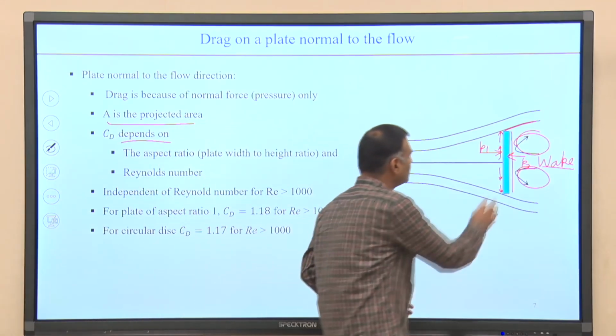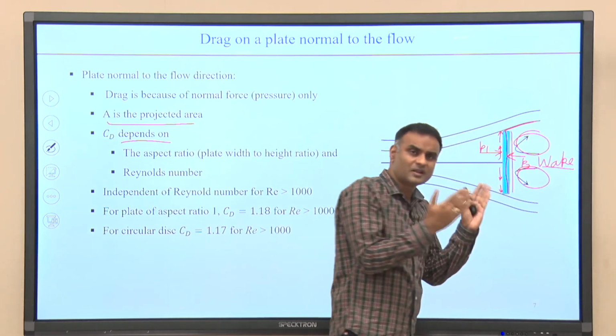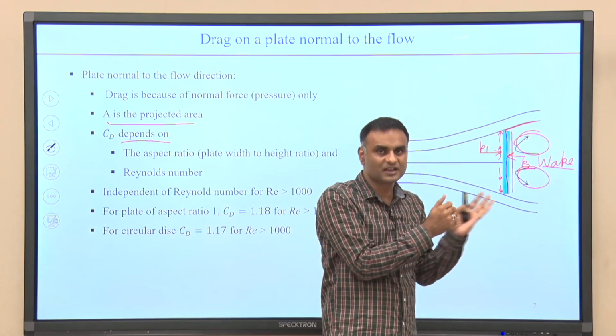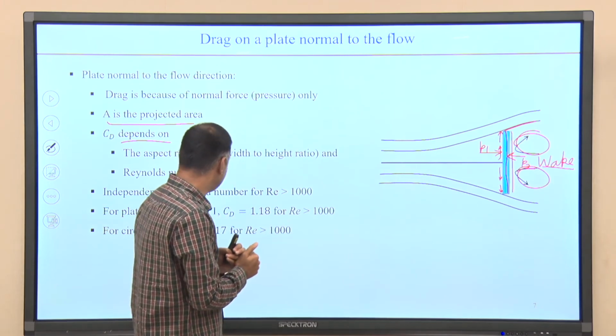The plate is of course assumed to be thin again. We might have seen some thickness here, but that is only to show the plate.